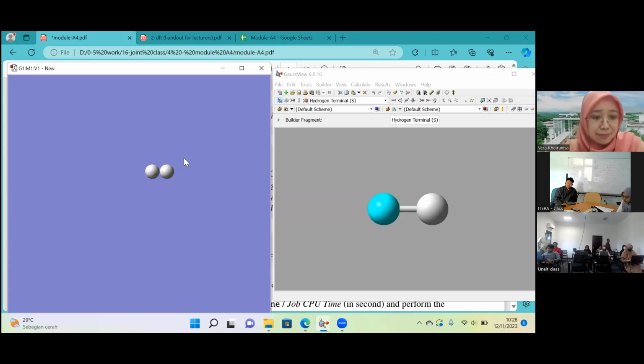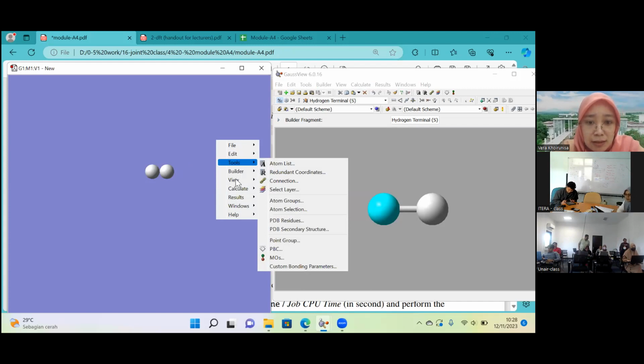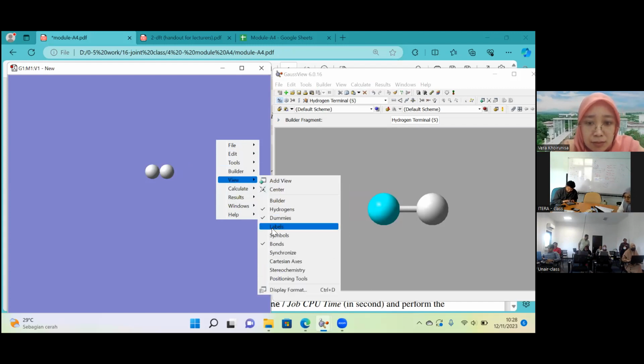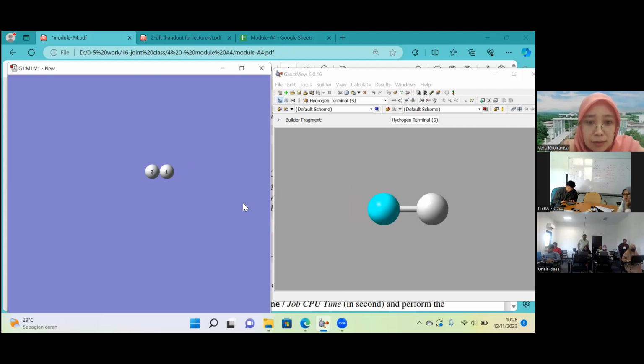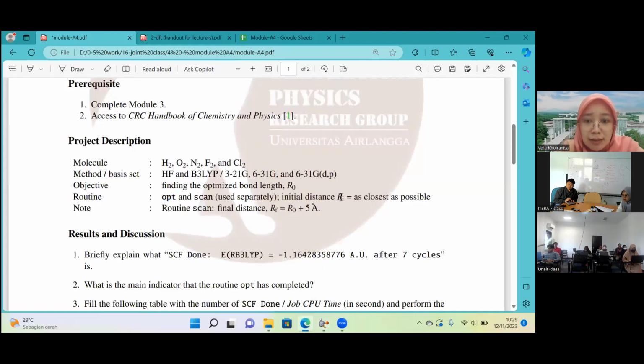Okay. And then we will set the distance between two atoms. So we can make the label here. So this is the first H atom and this is the second H atom. We want to set this one, the R initial.